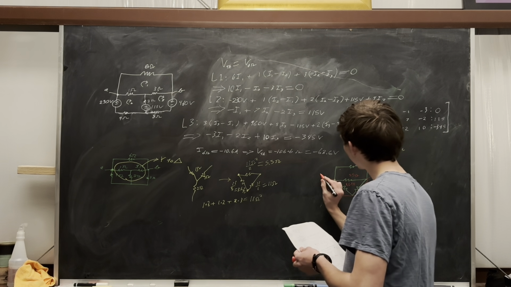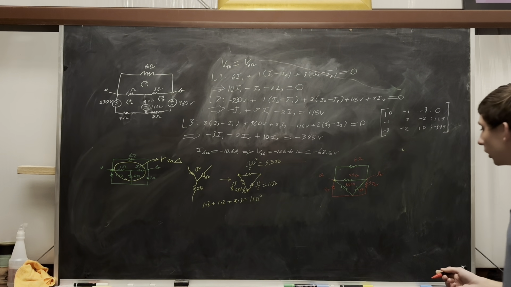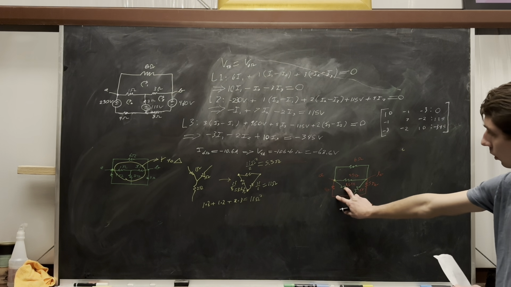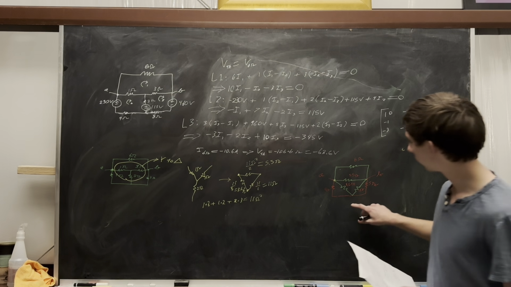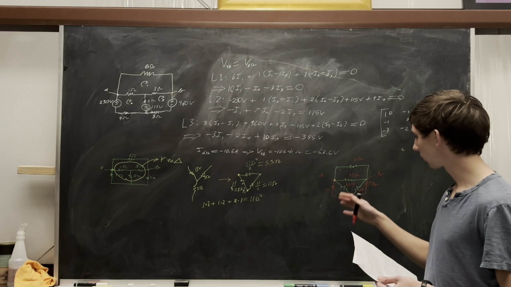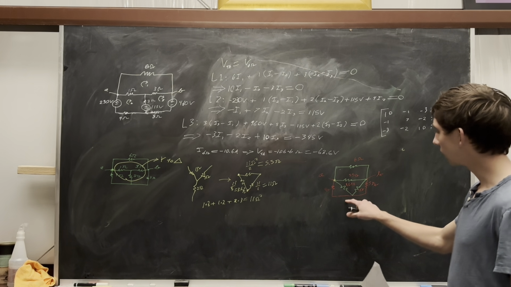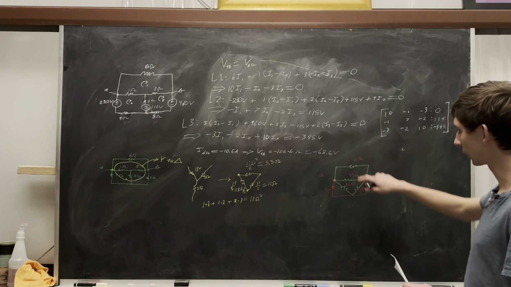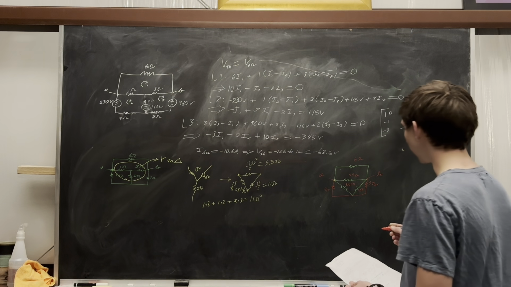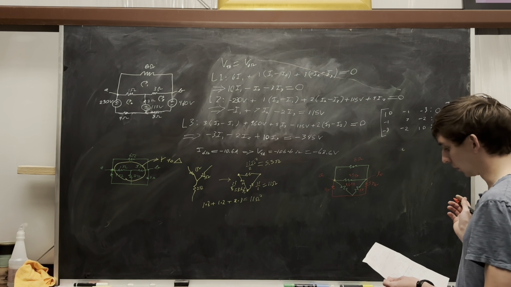B and A. So you can see these two are in parallel, these two are in parallel. Once you combine them in parallel, you can combine them in series, a lot of them in series, and then you can combine that in parallel with this, in parallel with this. So I do that all in just one step here.